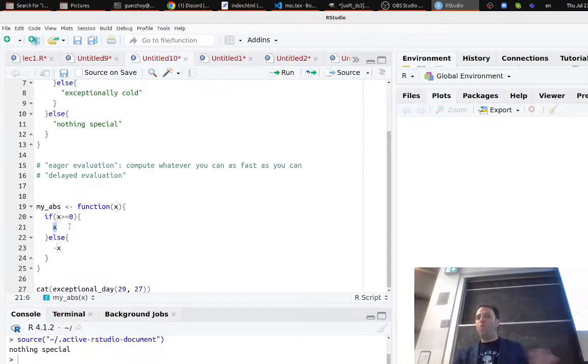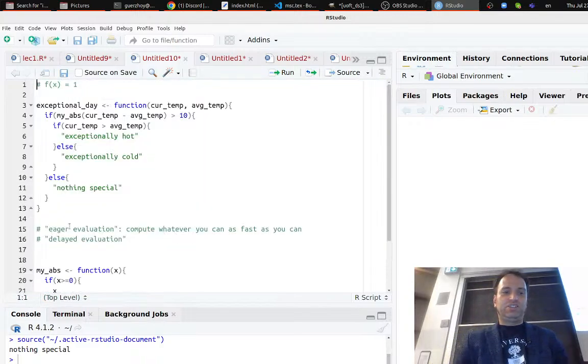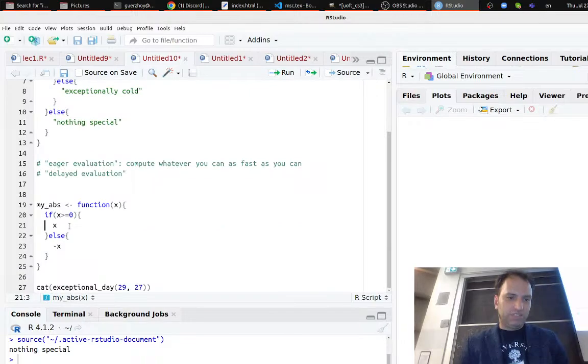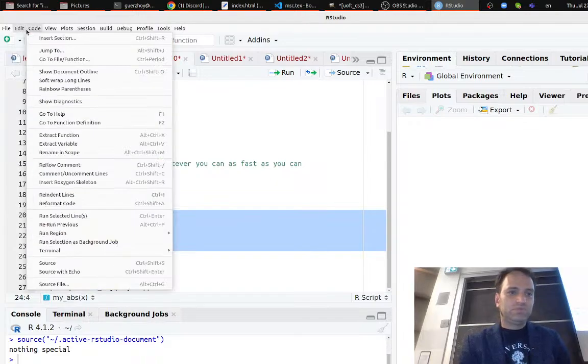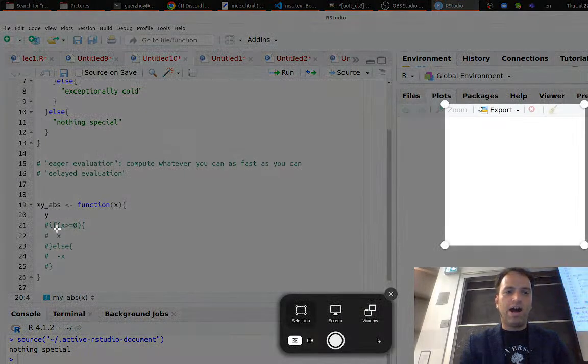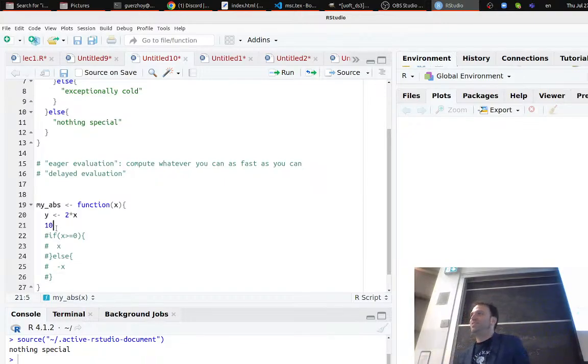Right, or it might be that my abs could even look. So this is kind of a silly example, but maybe my abs does something very silly like that, where it says, oh, compute me a y that's 2 times x, and then I don't care, actually the value is 10 after all, right?